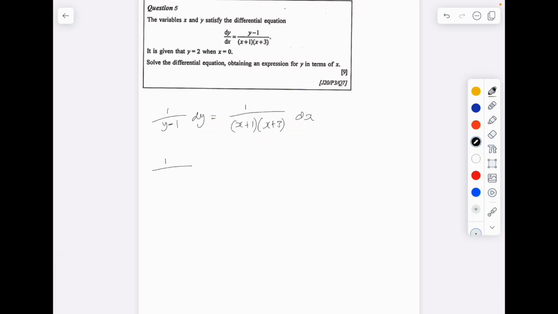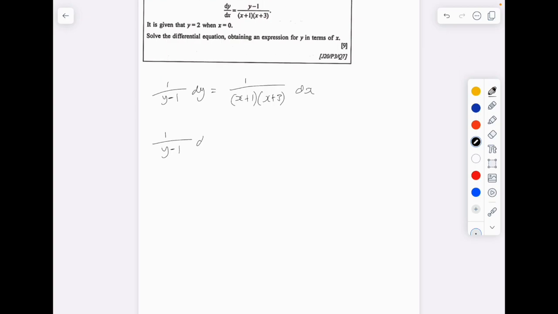So what I can say is 1 over y minus 1 dy is equal to, in fact, actually, let's take this one step at a time.